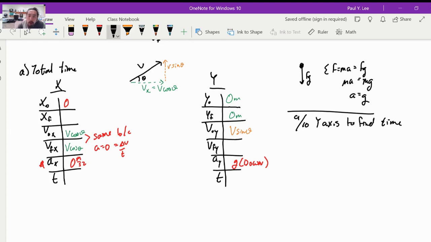Now, the other reason why it's usually the y-axis that tells us the time is because of when we start the time. If this is the object on the floor, when the object is launched upwards, we start the time as soon as it leaves the floor. So t start is when the object leaves the floor.